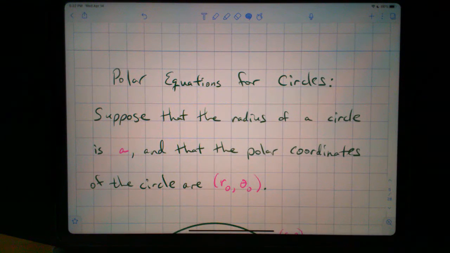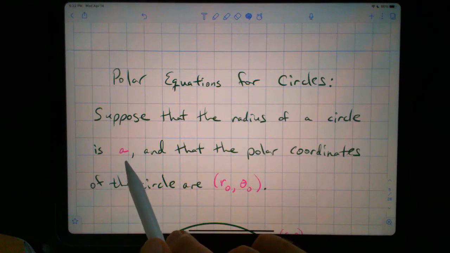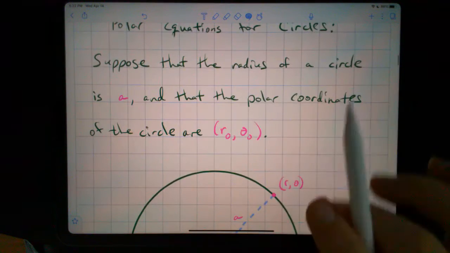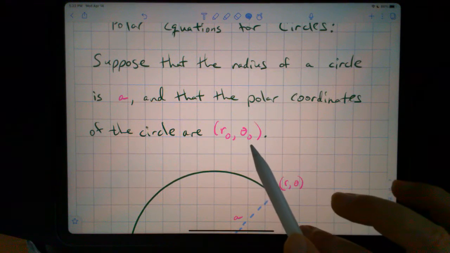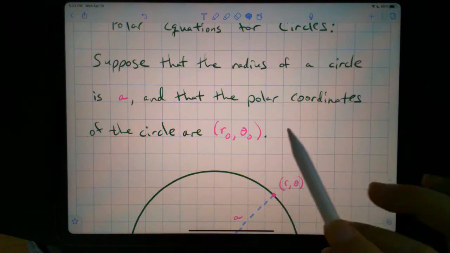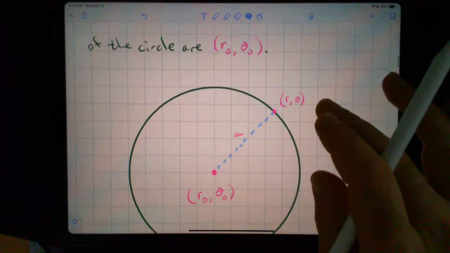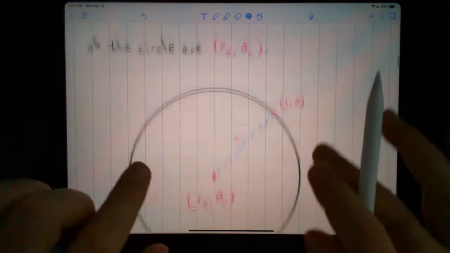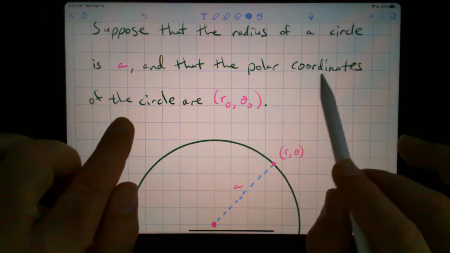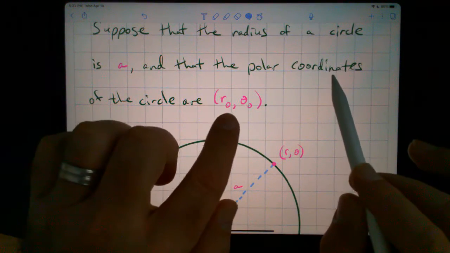Polar equations for circles. Now, suppose that the radius of a circle is a, and that the polar coordinates of the center of the circle are (r naught, theta naught), or r initial. So the center is (r naught, theta naught).